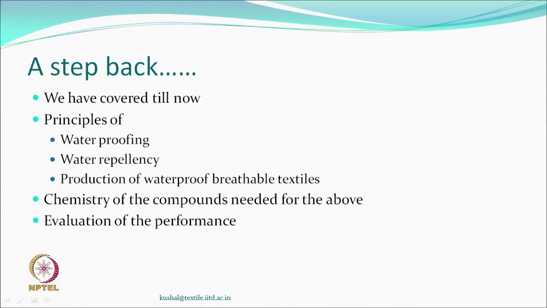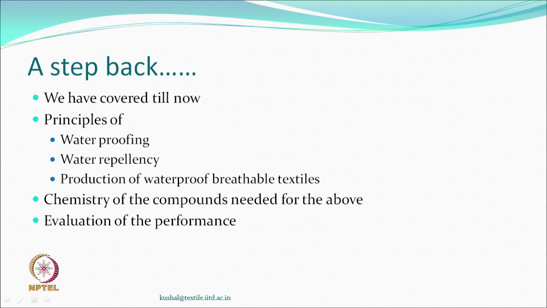All right, so we are back to our class on textile finishing. Let's see what did we do last time. We learnt about the principles of waterproofing, water repellency, and finally production of waterproof breathable textiles. We did try to go through some of the compounds and their chemistry which would meet the above objectives.